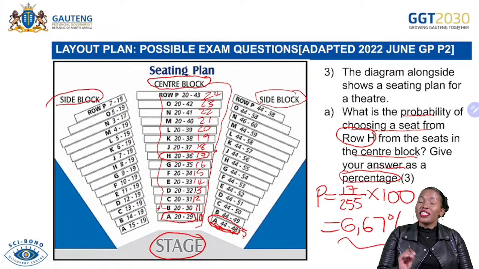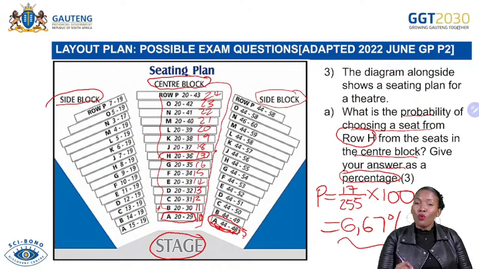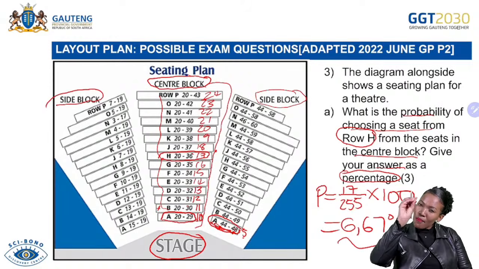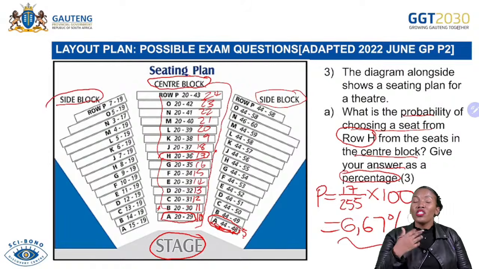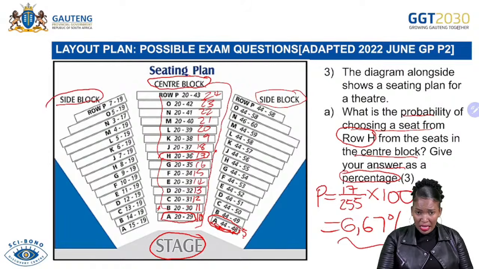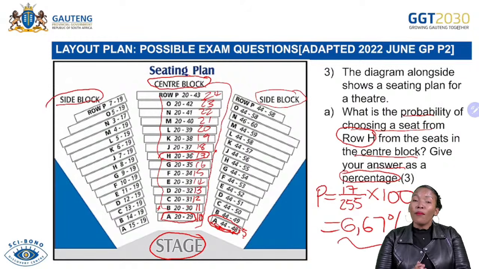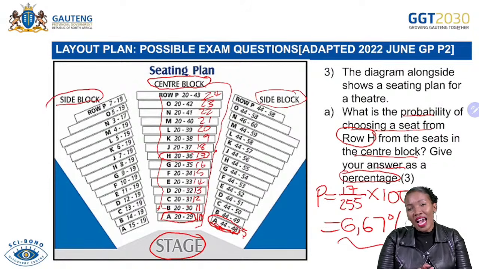Guys, working with seating plans or layout plans, it's very easy. It's just that it is time consuming because most of the time they're asking you questions and then you have to count manually one by one. That is time consuming, but it is also very easy, which takes me back to my point that I made when I started, that most learners are failing this section not because they don't know, but because they are lazy.